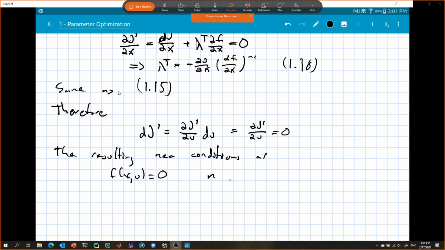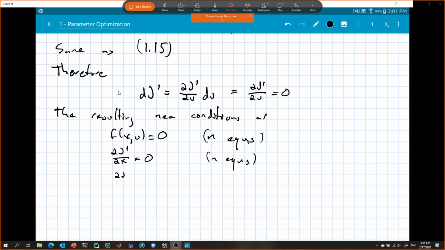So we have 2n plus m equations, and then we have 2n plus m unknowns.